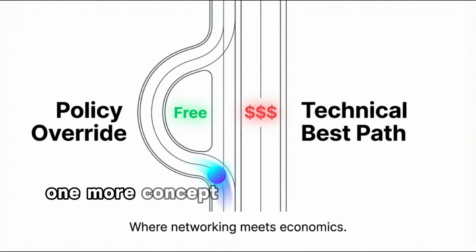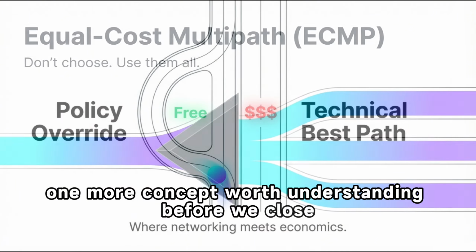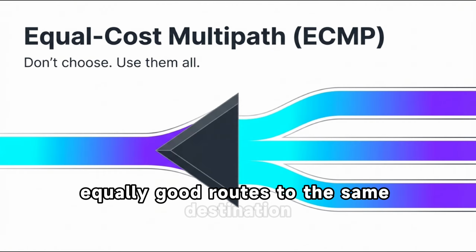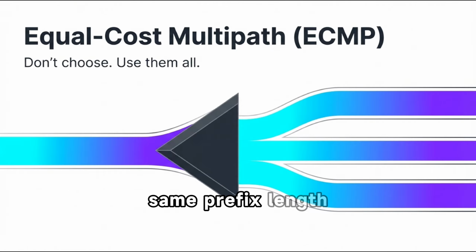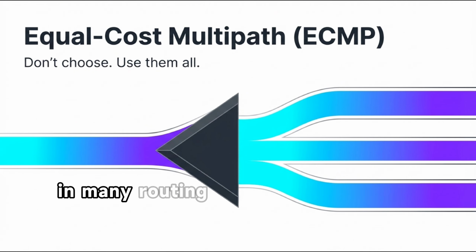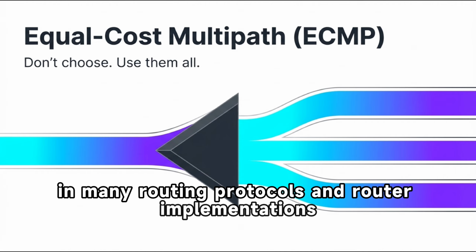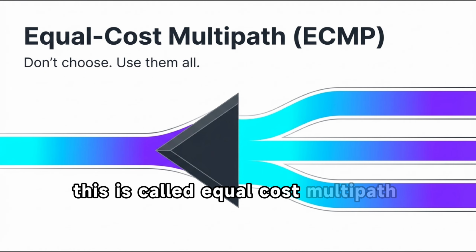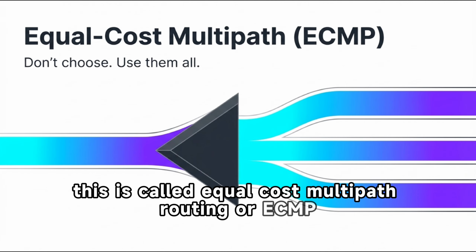One more concept worth understanding before we close. What happens when the router has genuinely equally good routes to the same destination? Same prefix length, same administrative distance, same metric. In many routing protocols and router implementations, the answer is use all of them. This is called equal cost multipath routing, or ECMP.